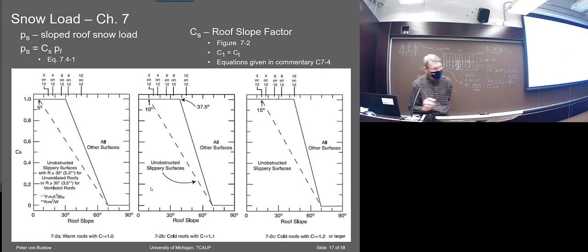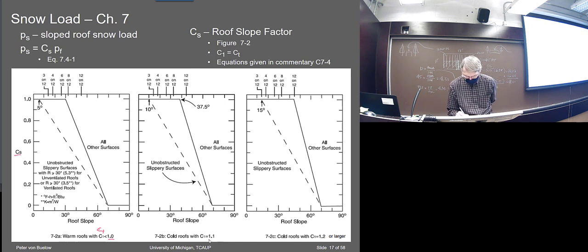Okay, so these are the tables that you calculate CS with, and you can see there are 3 of them, depending on how warm your roof is. This was supposed to be the CT, the thermal factor, right? But they labeled it C1. Okay, so warm roofs, CT was 1.